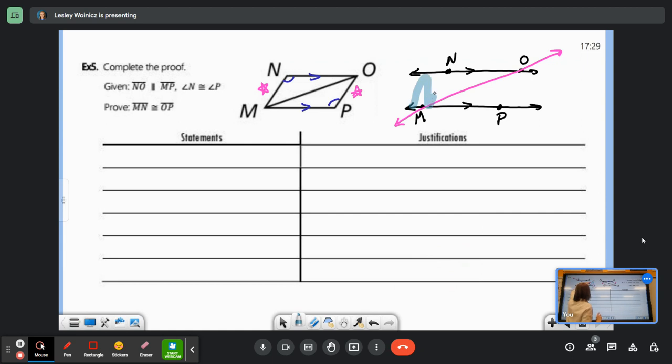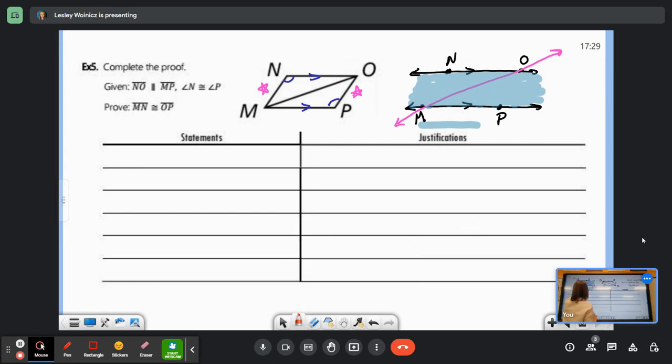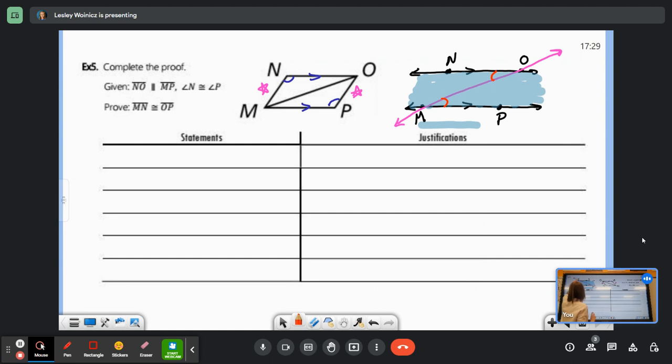parallel lines, I have some angle pairs that are going to be congruent. My congruent angle pairs are these, these, and these. Do you see how those are in my triangles?